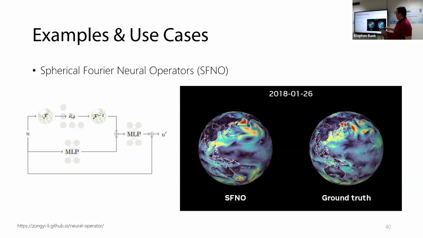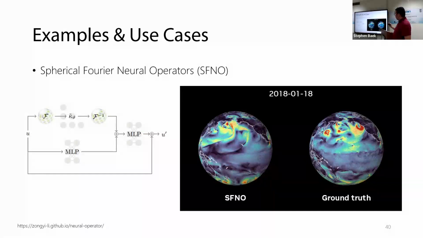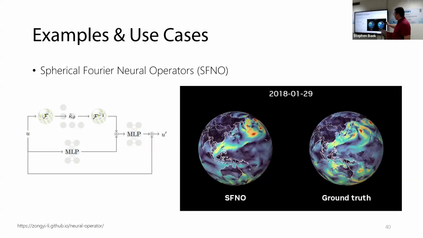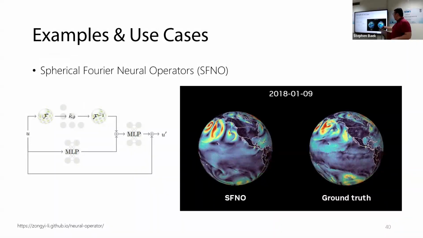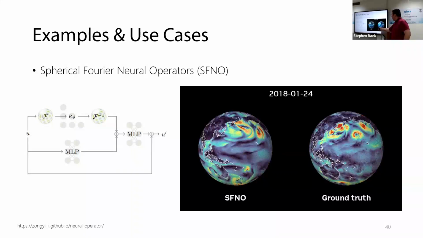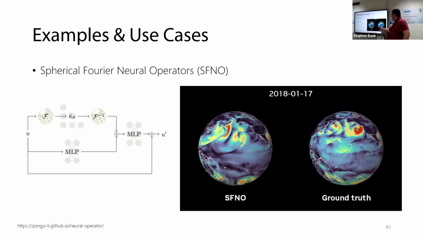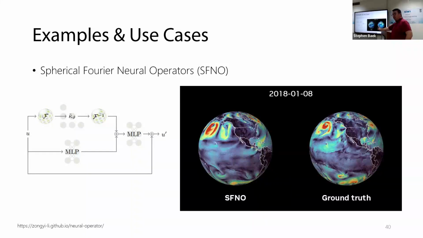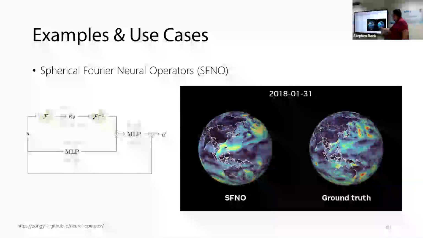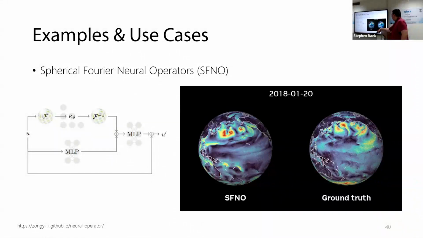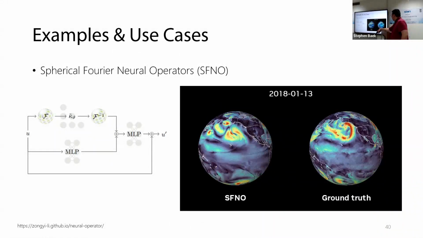To talk about the technicality a little bit, the Earth's surface is not the usual Euclidean space, but a sphere. So they actually defined a spherical Fourier transformation, and using that, they defined the Fourier neural operator layer, the spherical Fourier neural operator layer. From there, they were able to predict, I think this one is the temperature field.